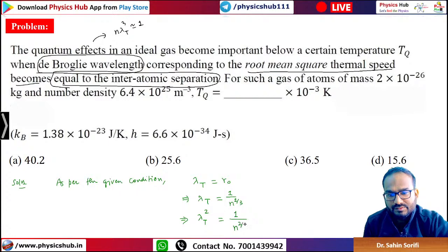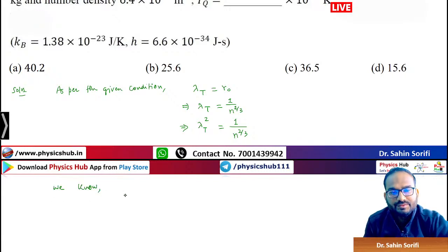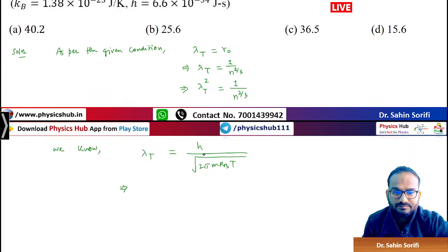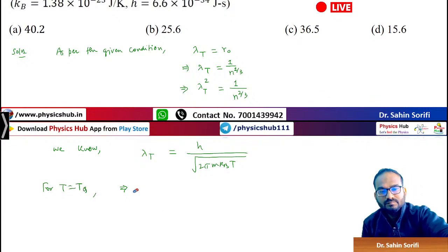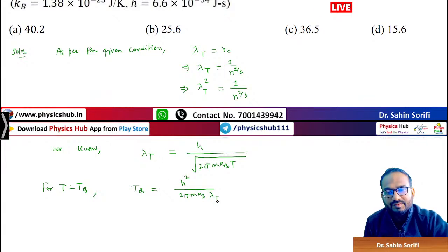You must be looking for lambda_T squared. So, we know lambda_T equals h by root over 2 pi m k T, where T equals T_q. So T_q equals h squared by 2 pi m k_B, times 1 over lambda_T whole squared.